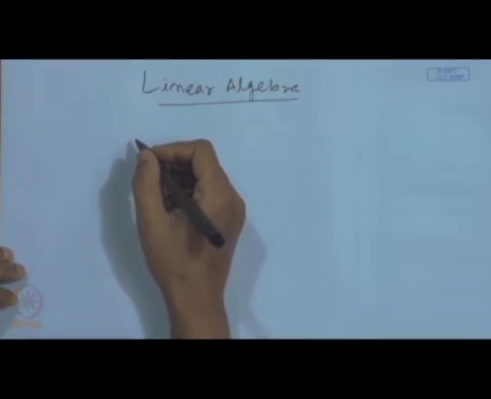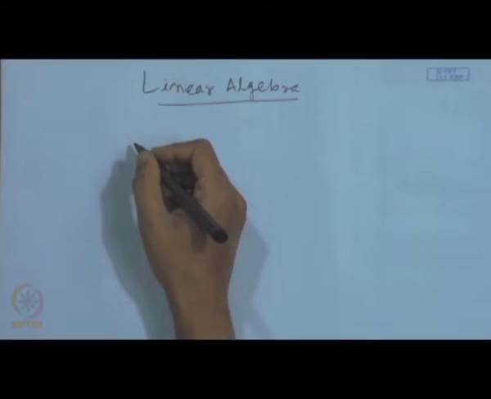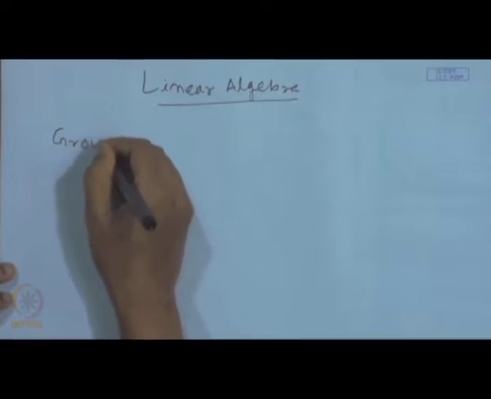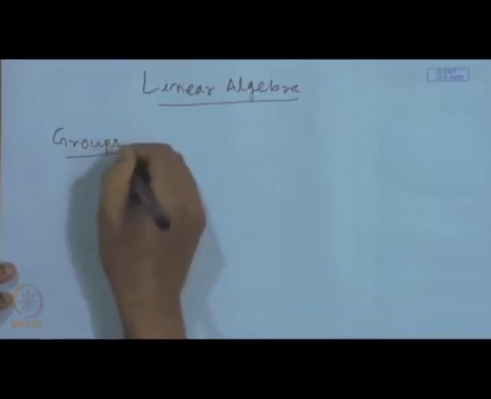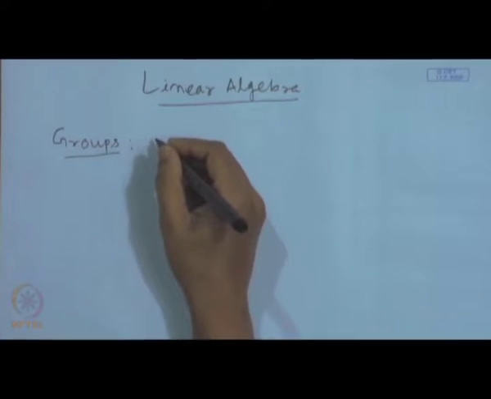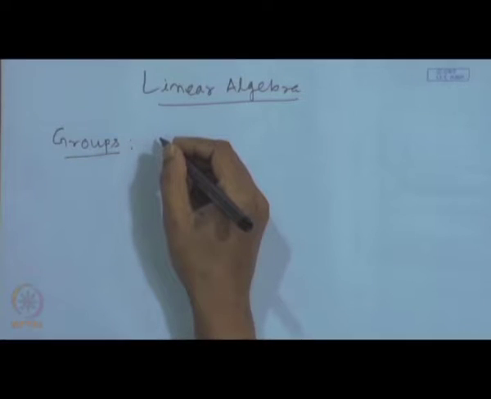To know scalars, we have to recall two important basic algebraic structures called groups and fields. So, we will start with groups. This is a very basic topic in abstract algebra.